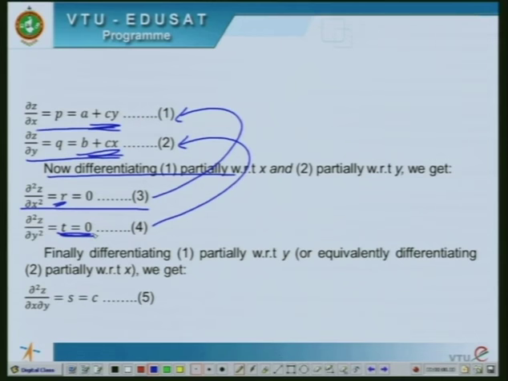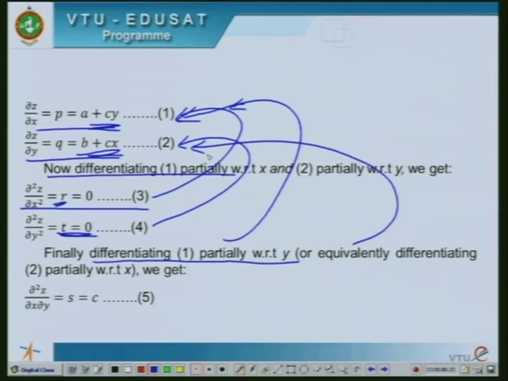Finally, one more partial derivative remains, which is dou square z by dou x dou y. So, to get that, either differentiate dou z by dou x with respect to y, or equivalently differentiate dou z by dou y with respect to x. Both are identical, both are the same.